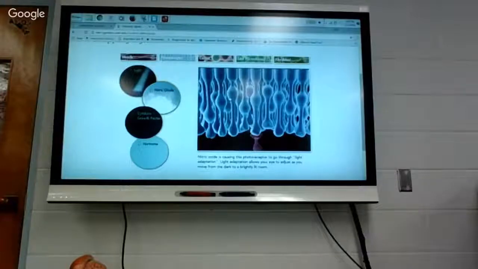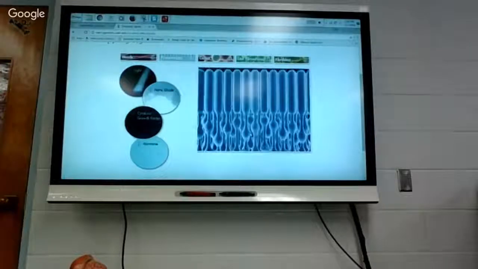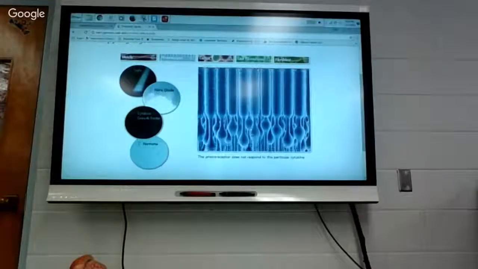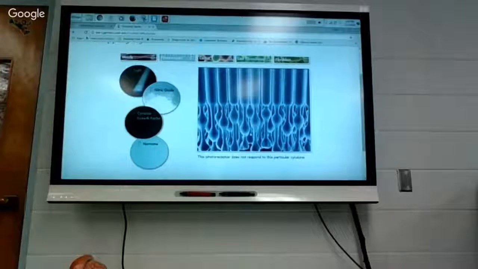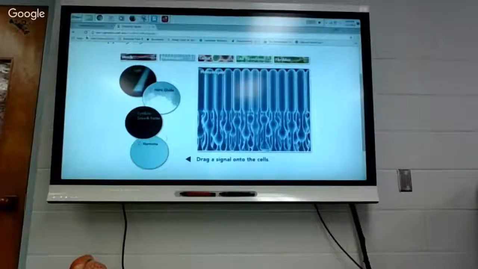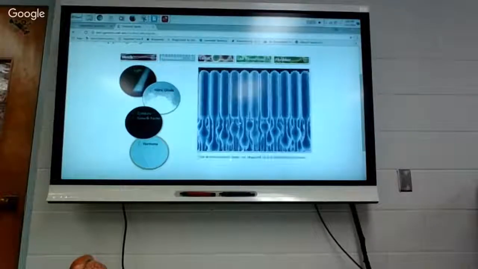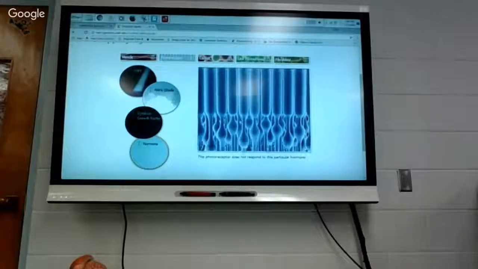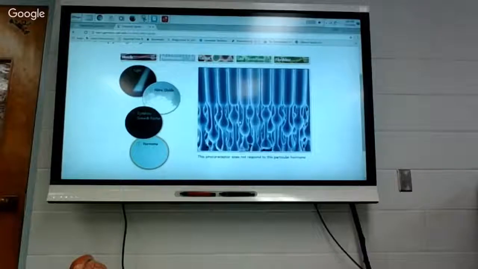Light adaptation allows your eye to adjust as you move from the dark to a brightly lit room. This photoreceptor does not respond to this particular cytokine. This photoreceptor does not respond to this particular hormone.